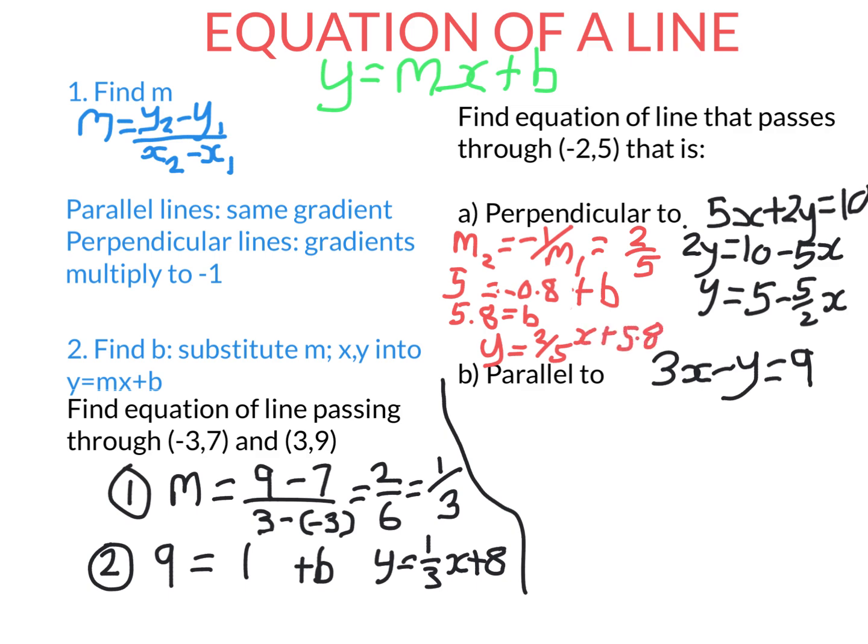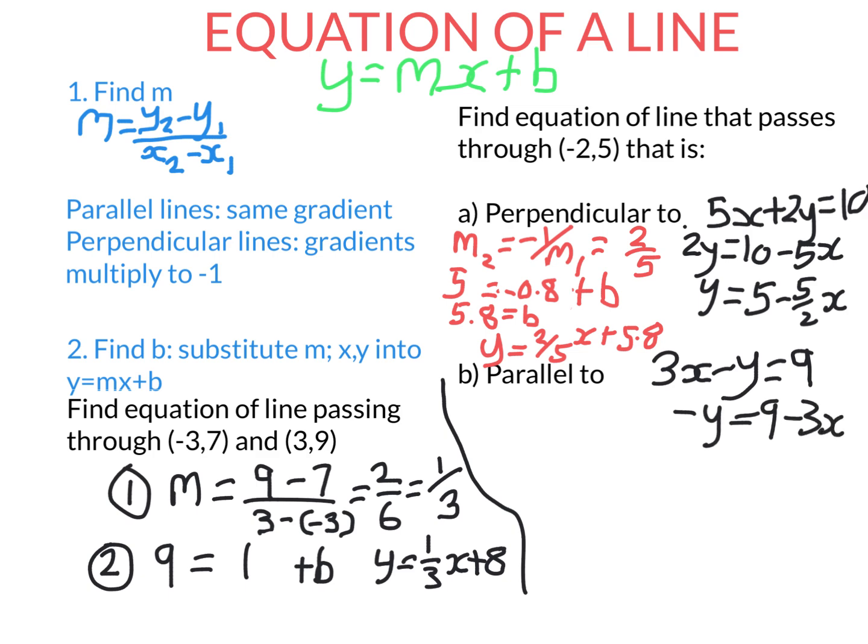All right, let's now find the equation of the line parallel to this one that passes through this point. Once again, we can't just read off the gradient because we don't have y by itself. But we can easily rearrange this equation to get y by itself. I could subtract 3x from both sides. I'd get -y is 9 minus 3x.